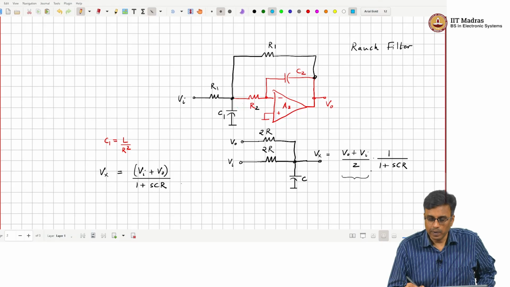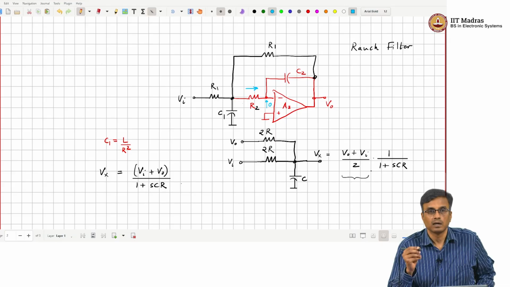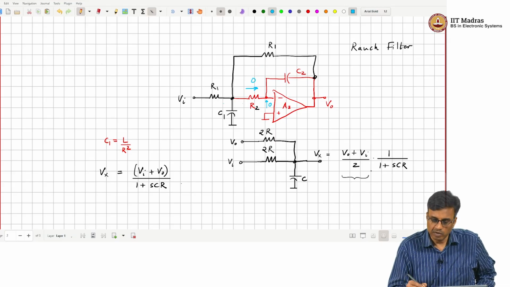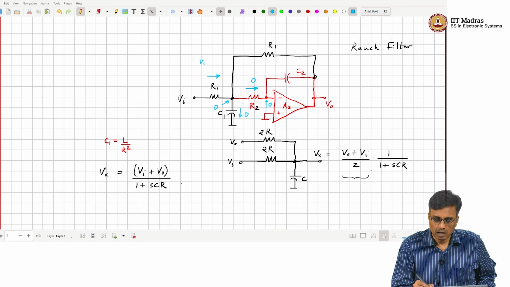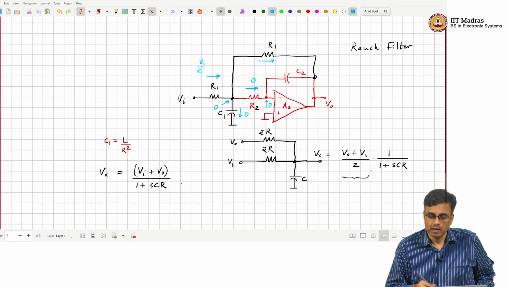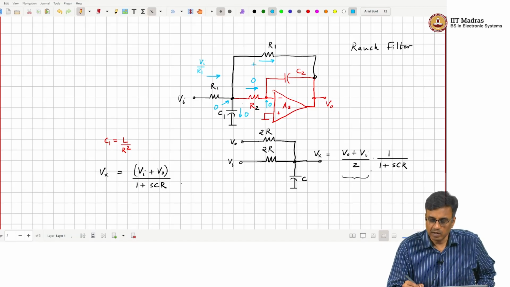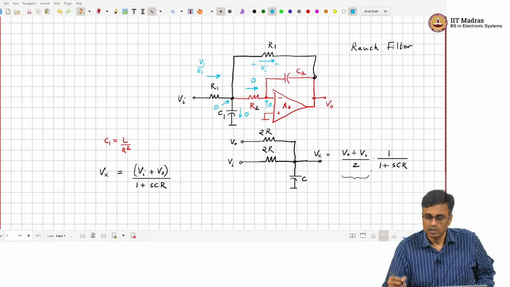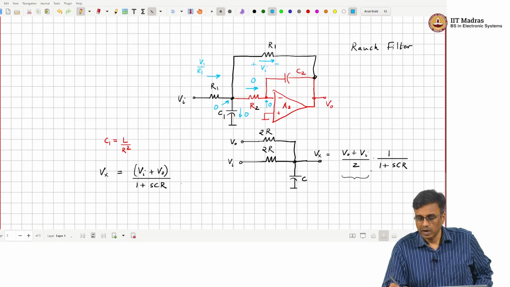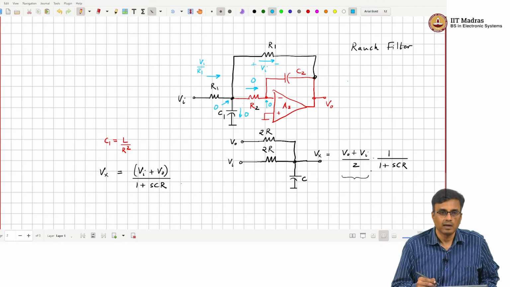Capacitance is open, so this voltage is 0. So what is this current? 0. So what is this voltage? 0. This current is 0 at DC. So this current is VI by R1, and this current is the same, VI by R1. So this voltage is VI. So what is the output voltage? Minus VI at DC. So the DC gain is minus 1.